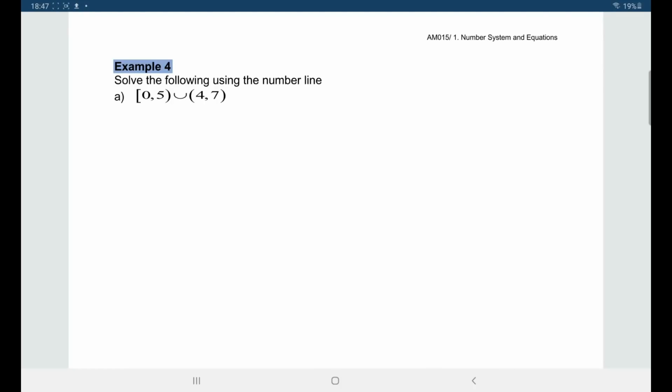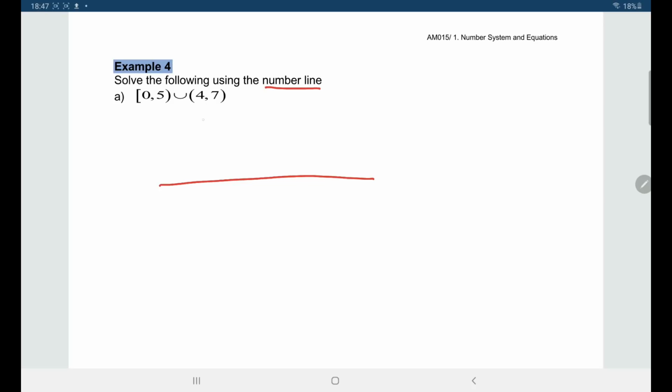Example 4. Solve the following using the number line. A. Half open interval 0 to 5 union open interval 4 to 7. First draw the number line. Mark the number line using the end values of the intervals according to their values.